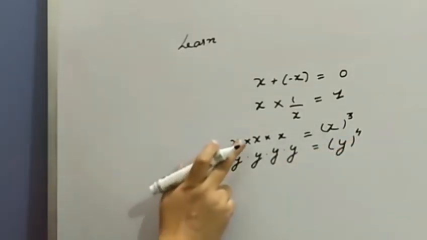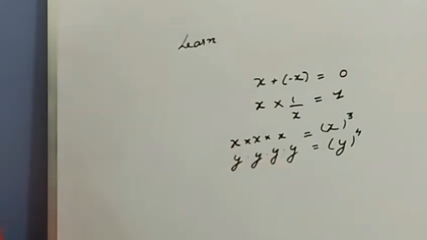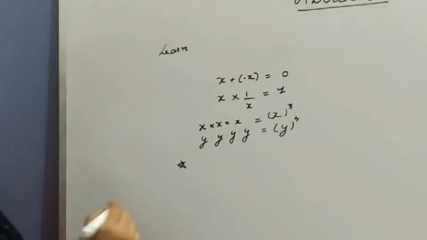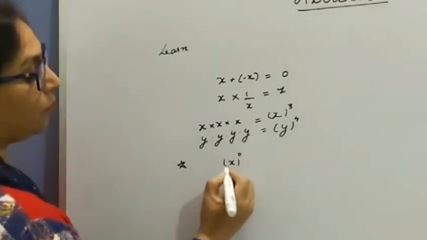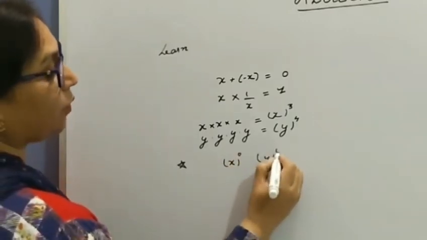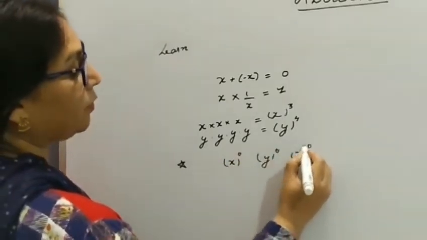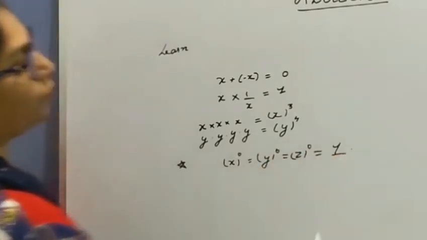Usually we don't take cross for multiplication, we put dots for the multiplication in case of algebra. More important point to note, children, any literal to power 0, whether it is x raised to power 0 or y raised to power 0 or z raised to power 0, all these are always equals to 1.